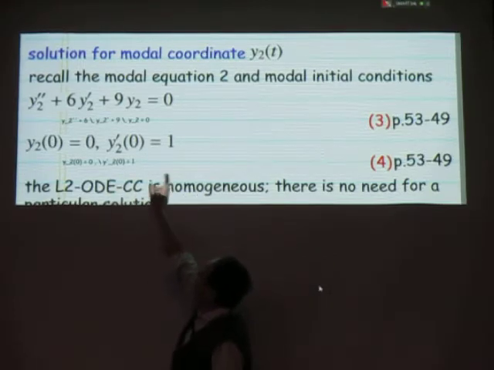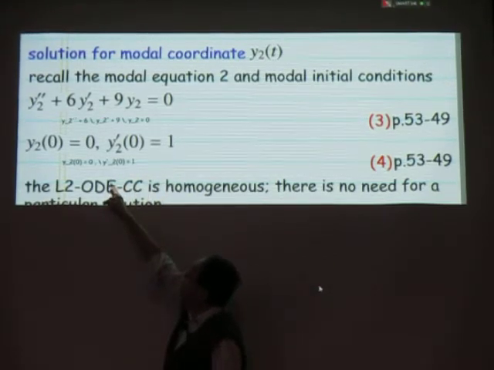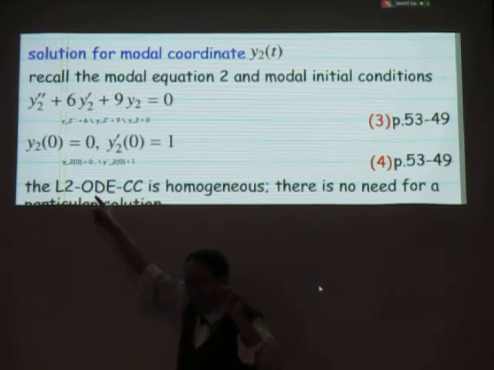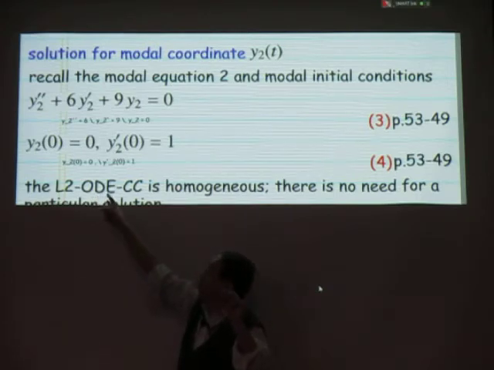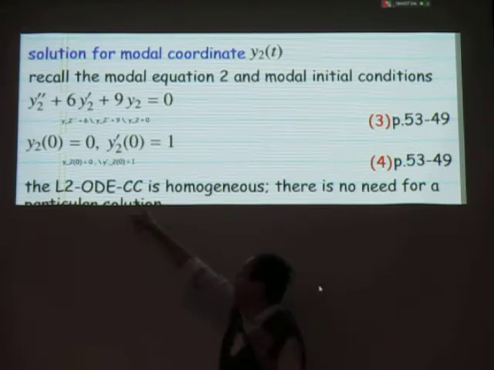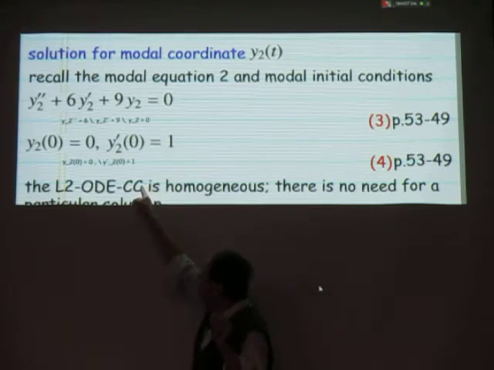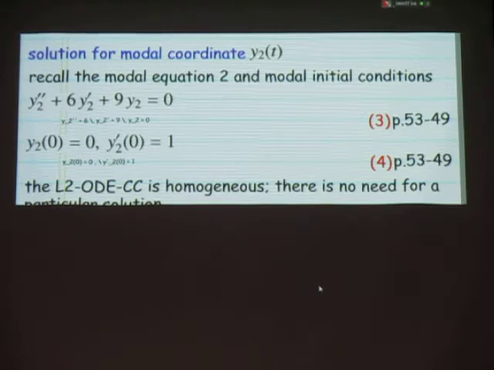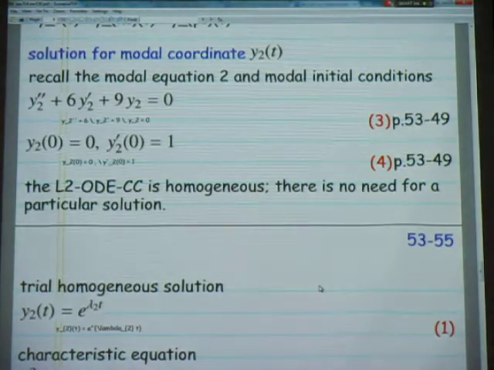And the modal initial condition now is that we have 0 displacement at time 0, second mode, right? The second modal displacement at time 0 is equal to 0, and second modal velocity at time 0 is equal to 1, right? I just make the problem a little more interesting by flipping the numbers, and that is by using the orthogonality properties of the eigenvectors, as I explained in previous lectures.